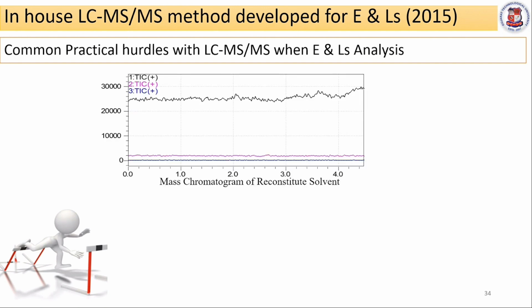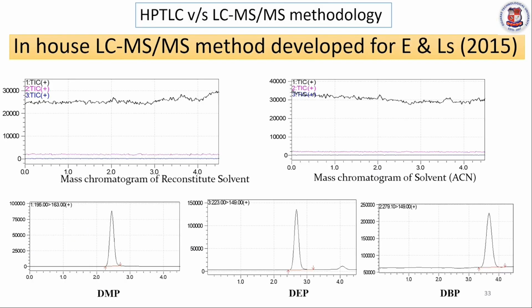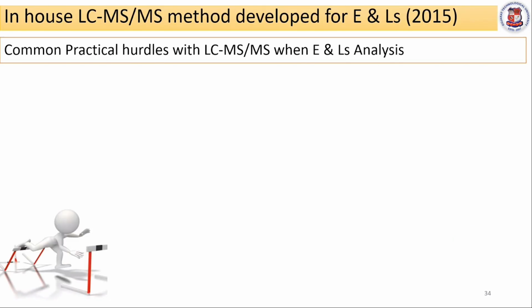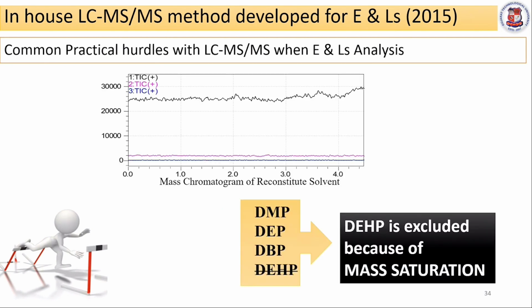So when we use the most sensitive technique, we get mass saturations or baseline rise from the system, and sometimes we lose sensitivity. So what are the common practical hurdles with LCMS when we analyzed?